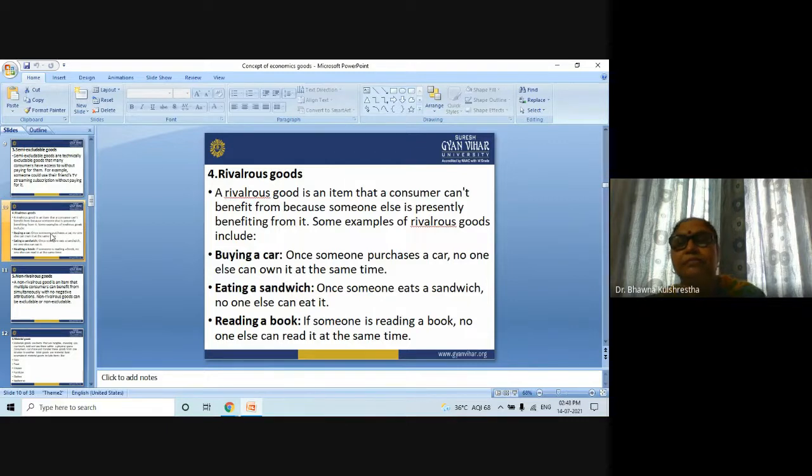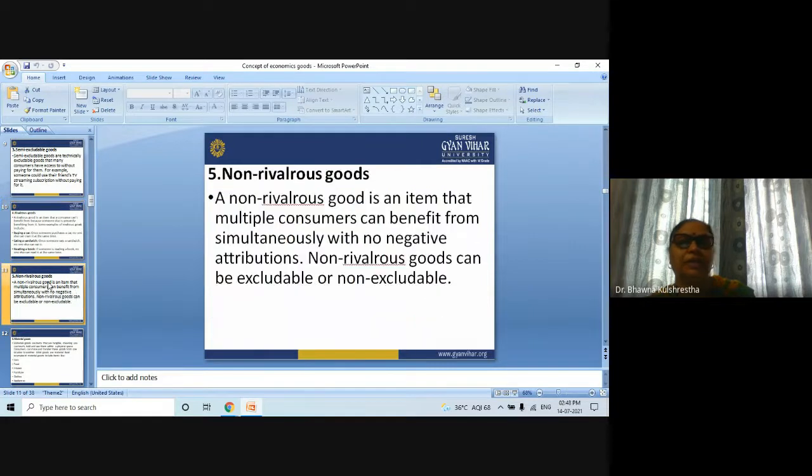And what are the non-rivalrous goods? Non-rivalrous goods are items that multiple consumers can benefit from simultaneously with no negative attributions.